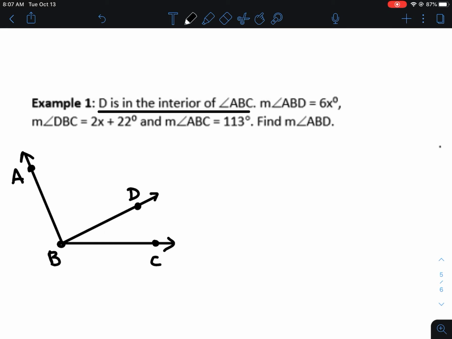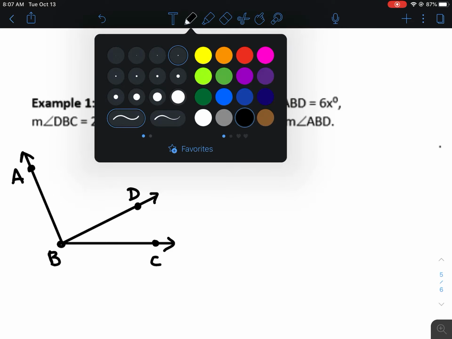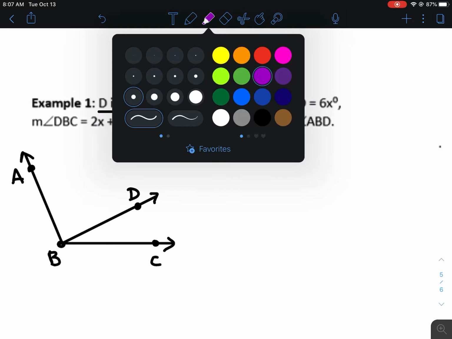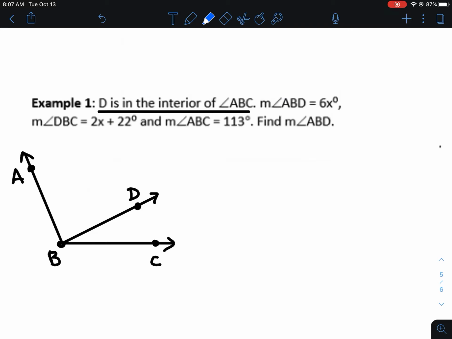And I already know that we're doing angles, so I'm going to draw a ray through point D. All right, so then it tells me that the measure of ABD, so that's ABD, is here. So ABD, that's this area. So that's going to be 6x.